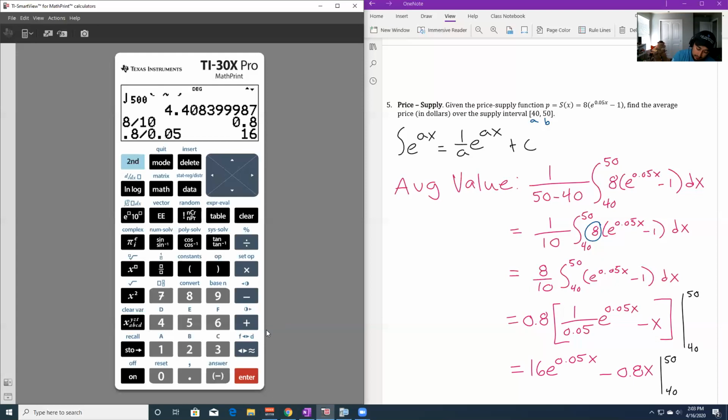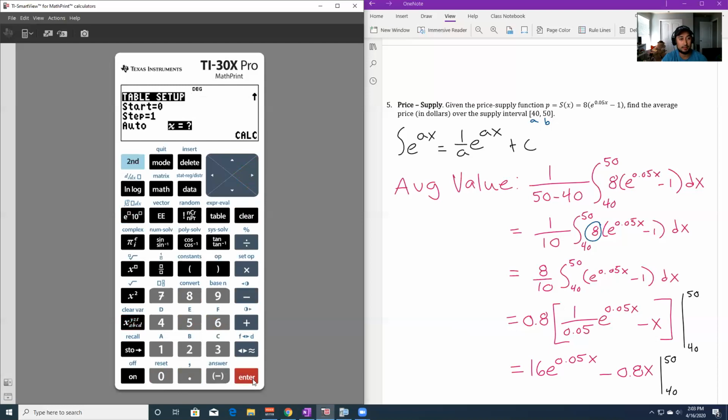We are now ready to calculate. So go to my table, enter, enter, enter. Clear, I have 16 e to the 0.05x minus 0.8x.